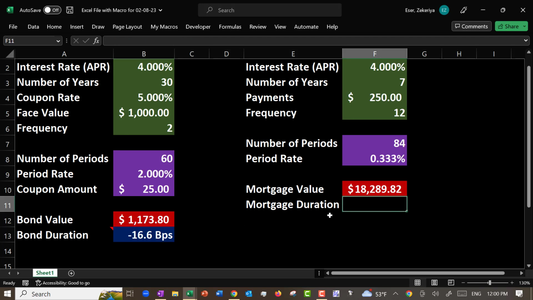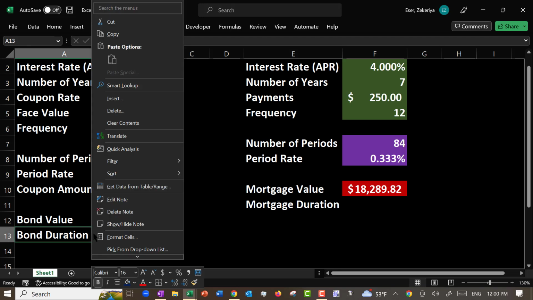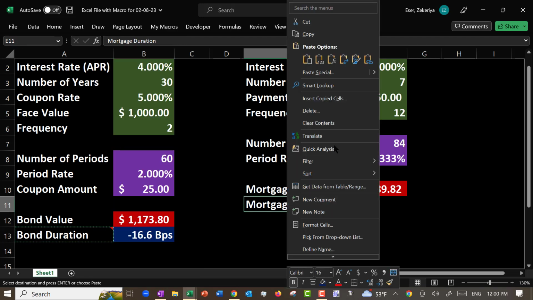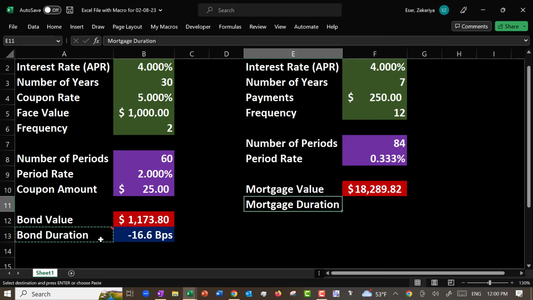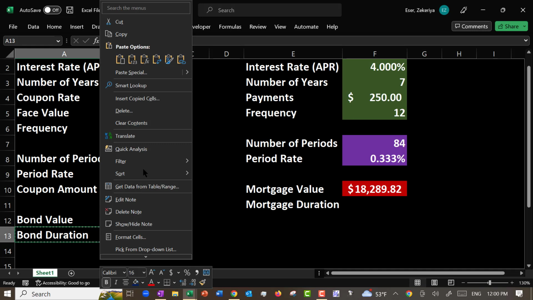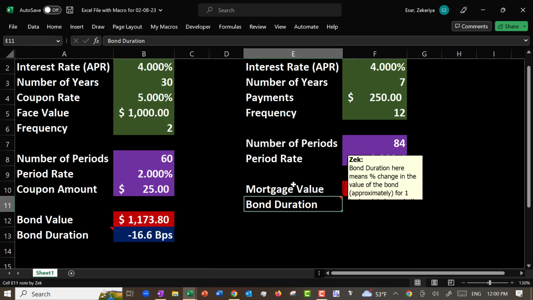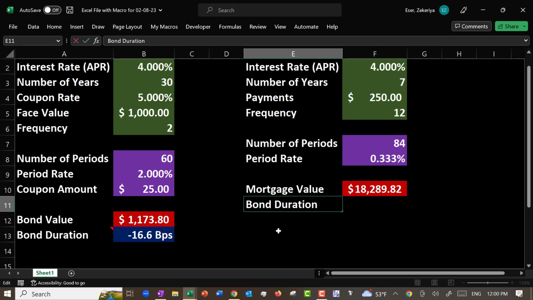And this is not going to be any different. Just want to have the notes over there.